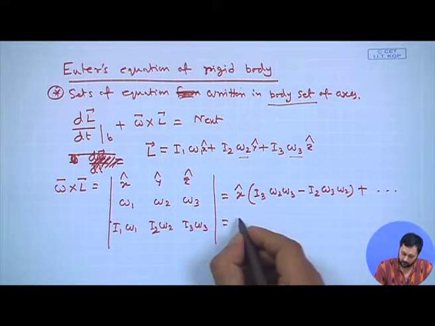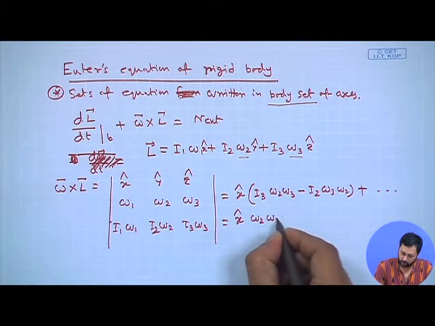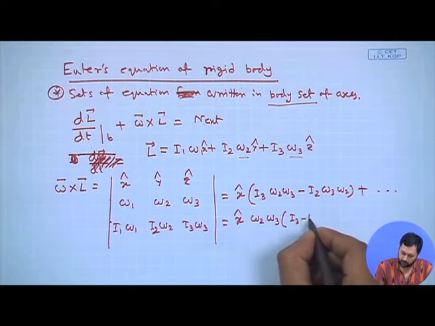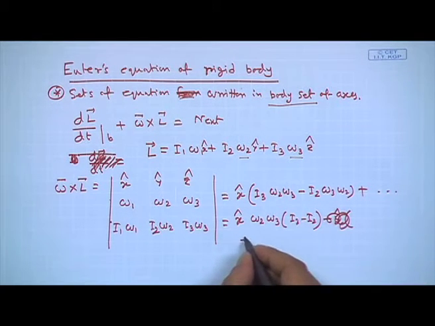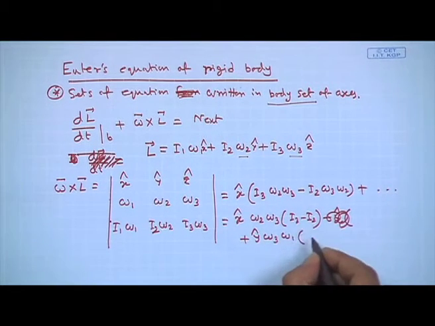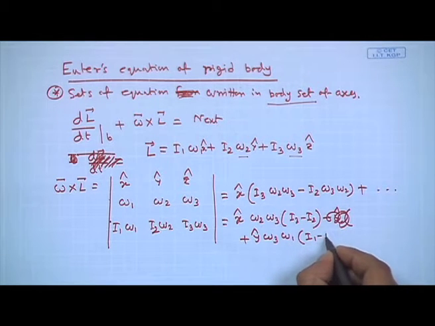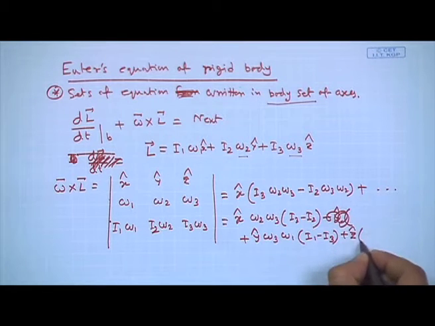So it can be written as x cap omega 2 omega 3 (I3 minus I2) plus y cap, and just by symmetry, without calculating, I can write omega 3 omega 1 (I1 minus I3).